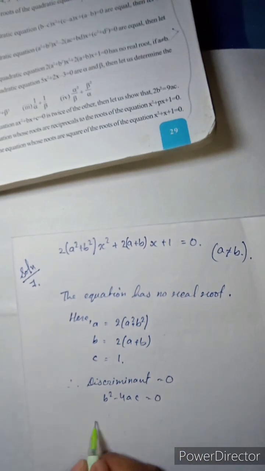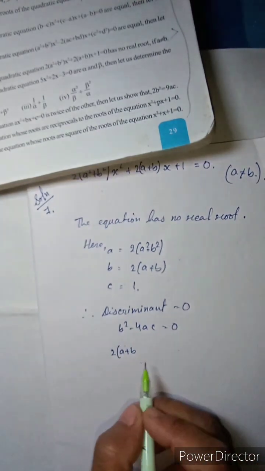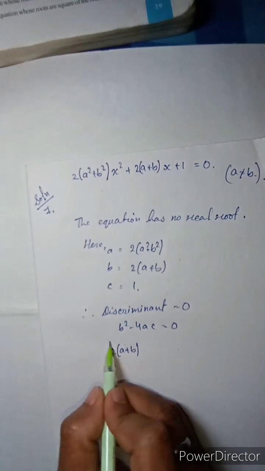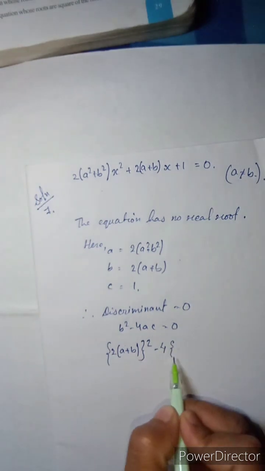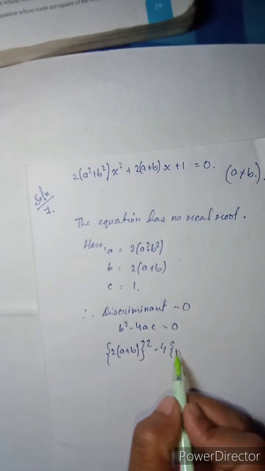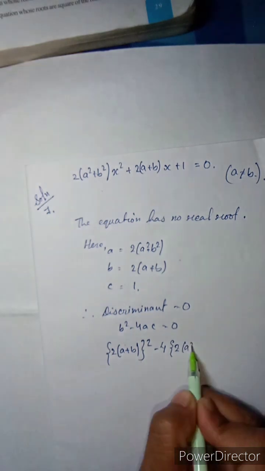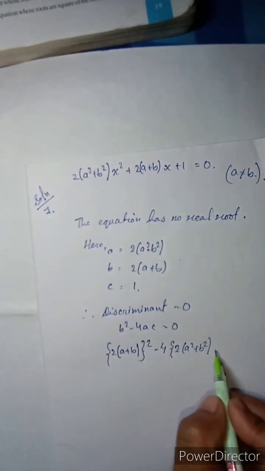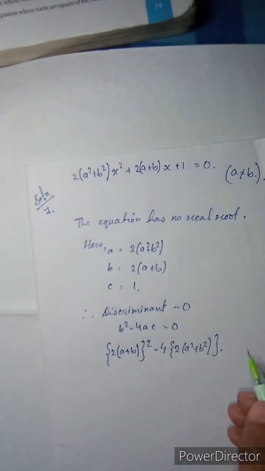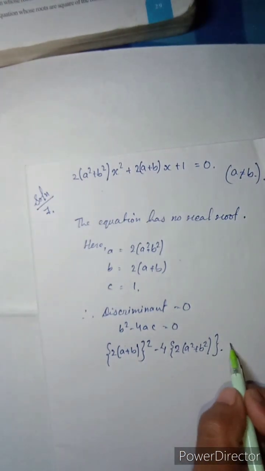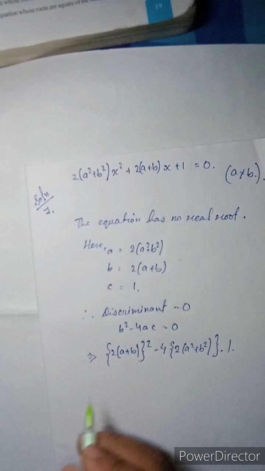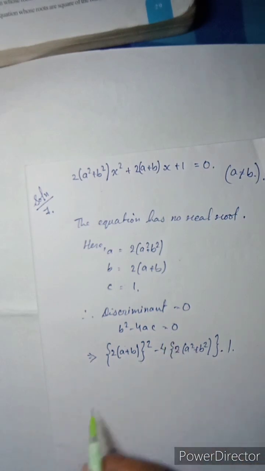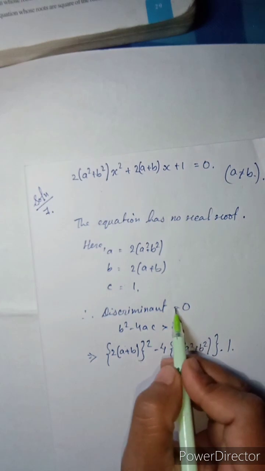Here our b is equal to 2 in the bracket (a plus b), whole square, minus 4, a means (2a square plus b square), into 1. Sorry, it's not equal to 0.